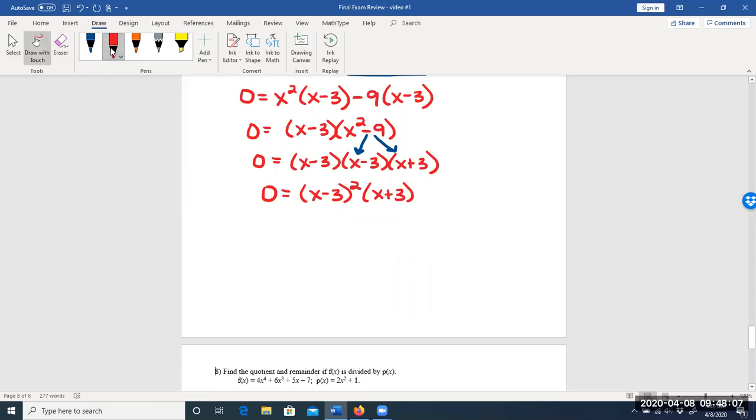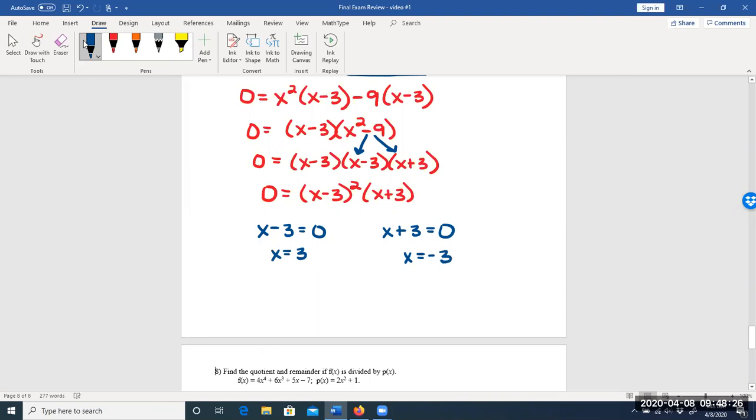Okay, so to find the two x-intercepts, I'm going to set my factors equal to 0 and solve. I get x equals 3 and x equals -3.